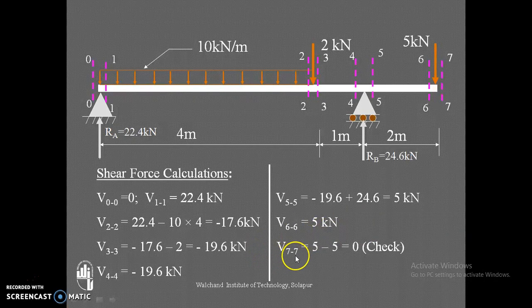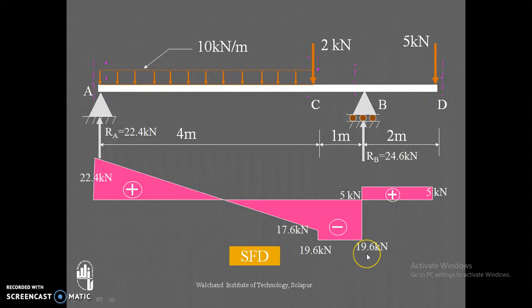Shear force at 7-7, just right of the free end: the 5 kilonewton continued shear force minus the downward force on the left of the section, that's why negative. So at the free end of the overhang the shear force is 0. This is a check also: always at the free end the shear force is 0.